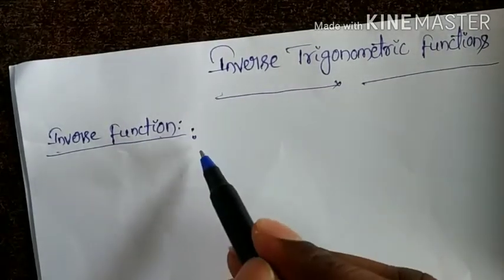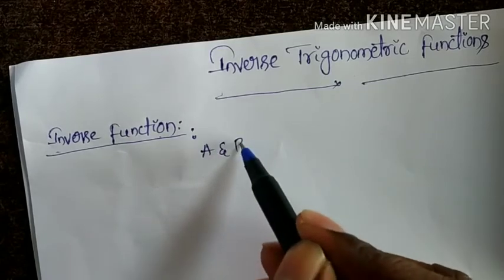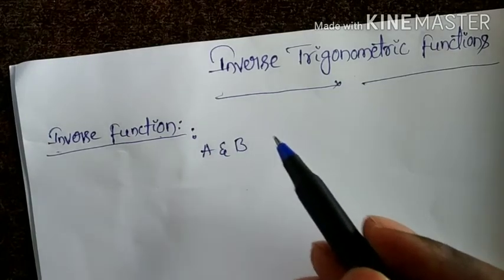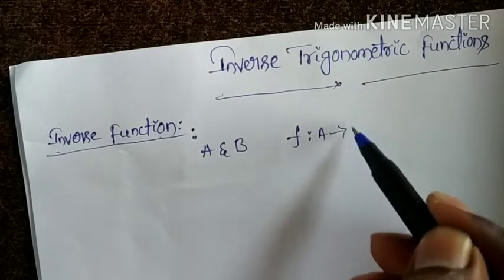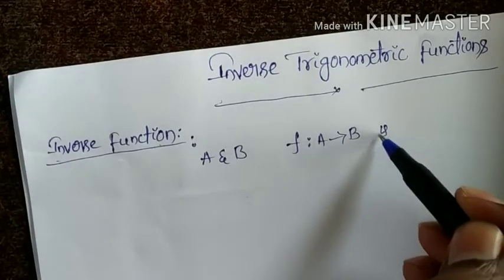First, A and B are two non-empty sets, and let f: A to B be a bijective function.